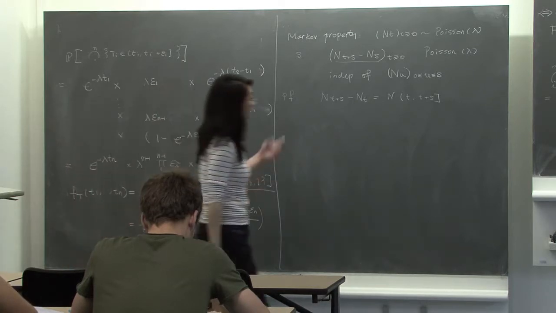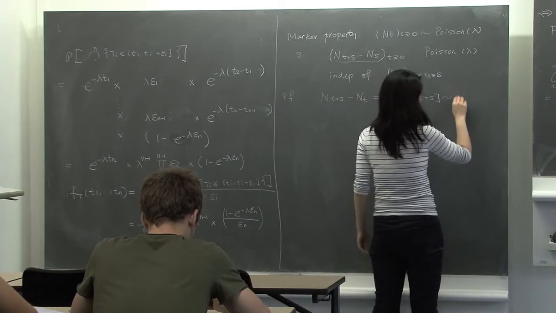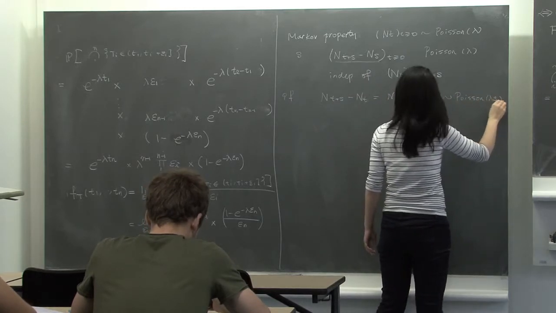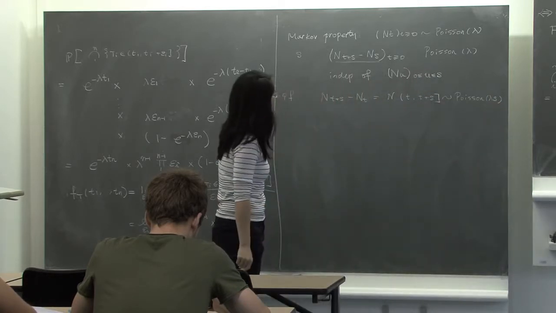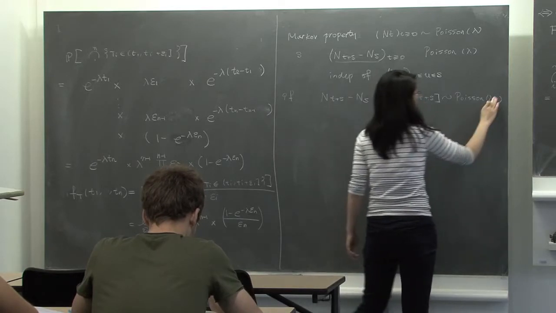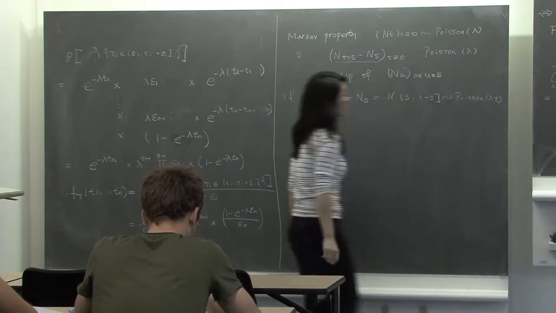And from the definition of Poisson process, this random variable is a Poisson random variable with intensity lambda s, with lambda t.